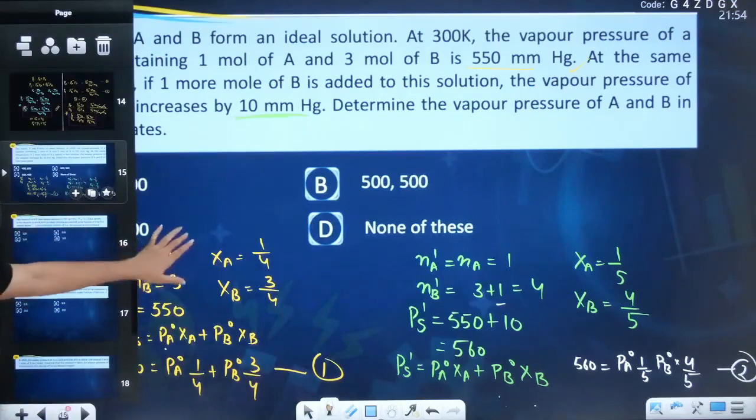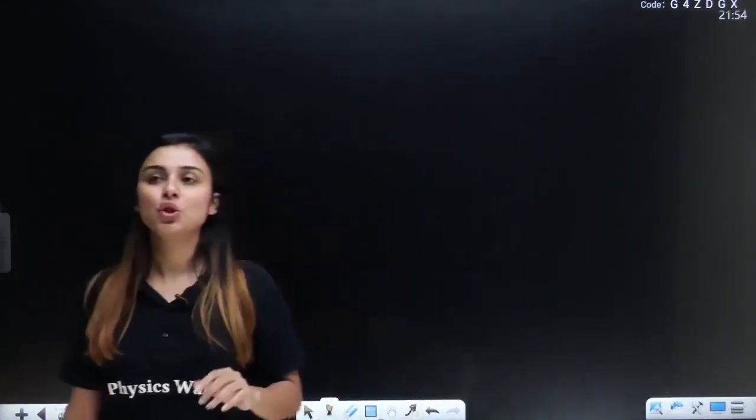Okay, now I am going to let you understand a very important part, which is Dalton's law. Yes, my dear students, in class 11th you studied Dalton's law.